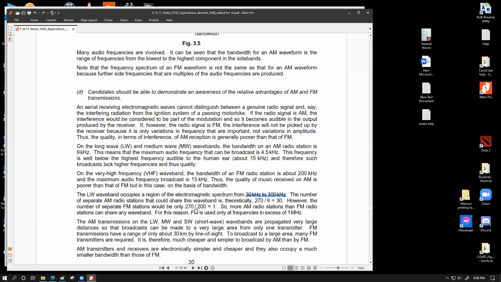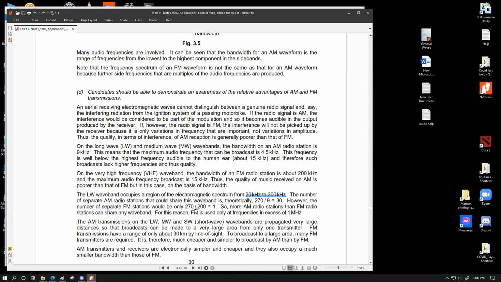So the last sentence says, so more AM radio stations than FM radio stations can share any waveband. For this reason, FM is used only at frequencies in excess of 1 megahertz.